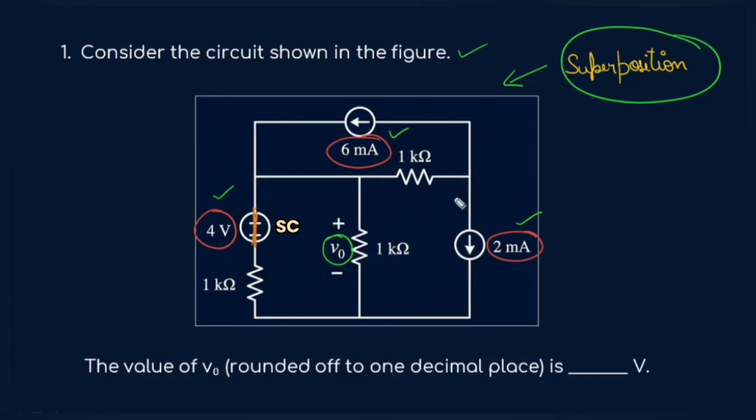For an inactive ideal current source, we replace it with an open circuit. So, V0 equals V01 plus V02 plus V03, where V01 is the contribution due to the 4-volt source, V02 is the contribution due to the 2 milliamperes source, and V03 is the contribution due to the 6 milliamperes source.